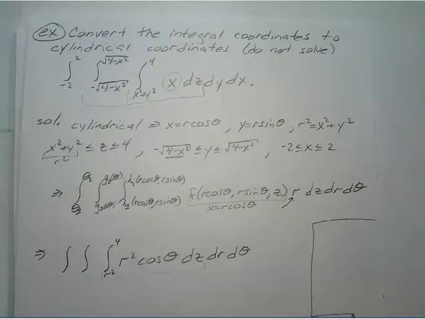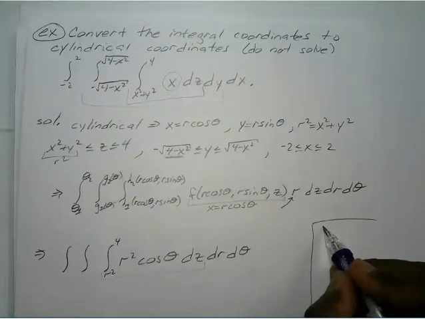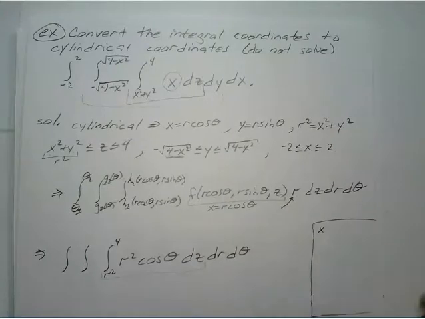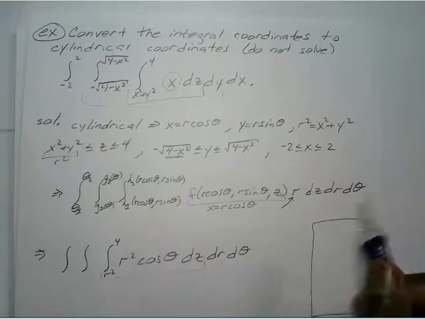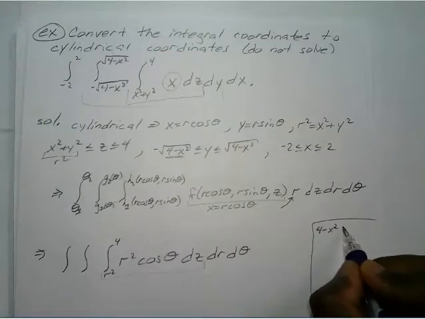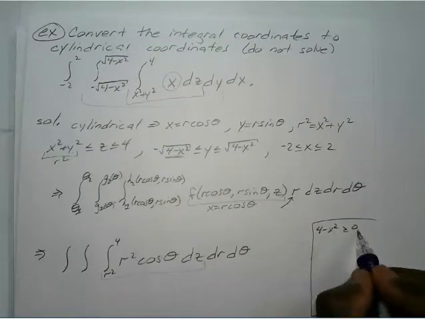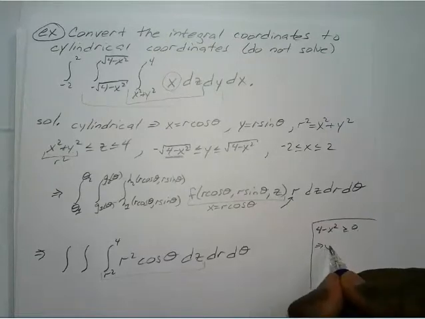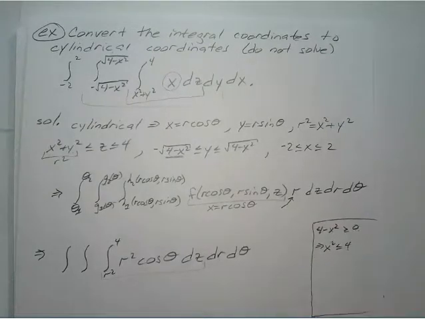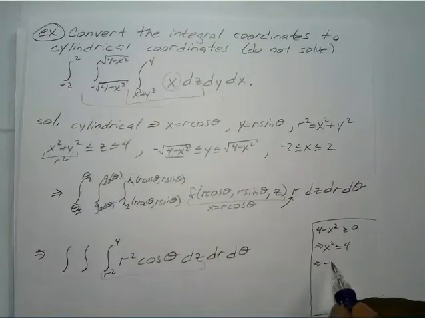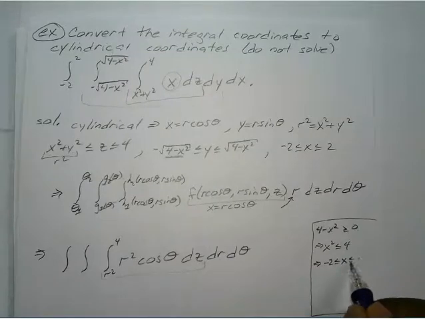Since you have 4 minus x squared, we know that has to be greater than or equal to 0. So x squared is less than or equal to 4, which means x is between negative 2 and 2.